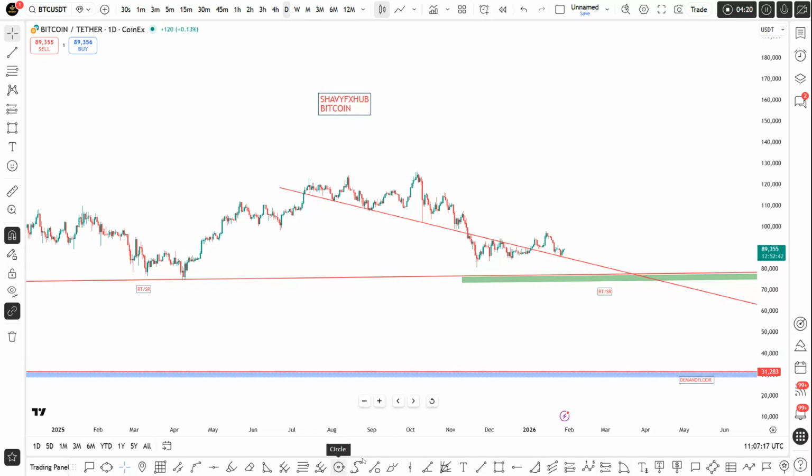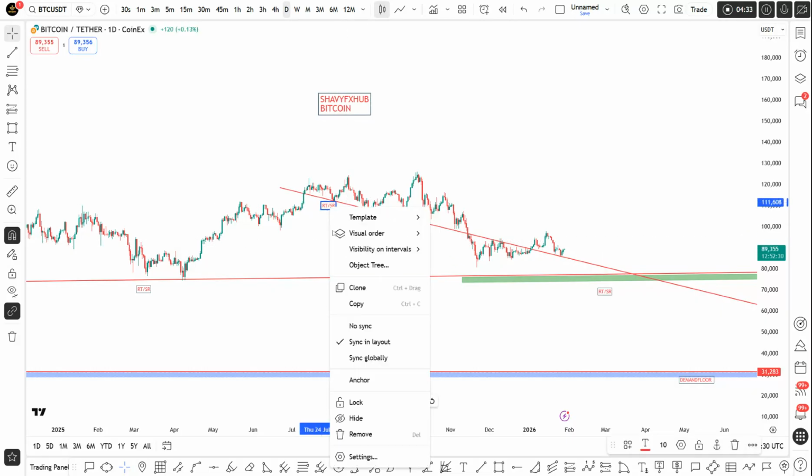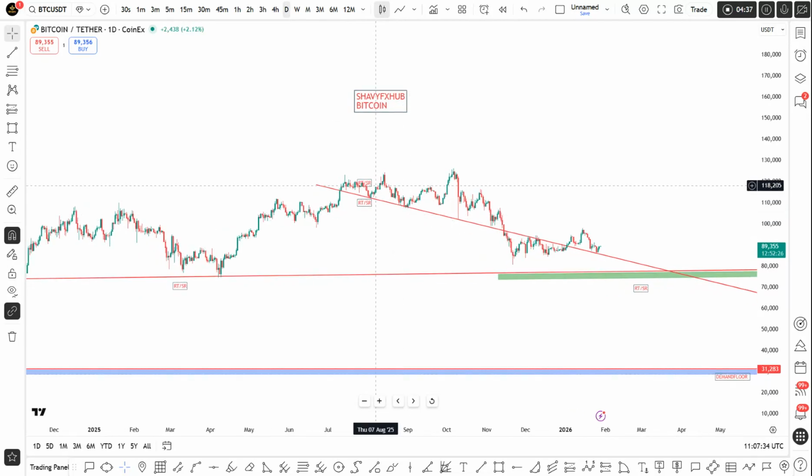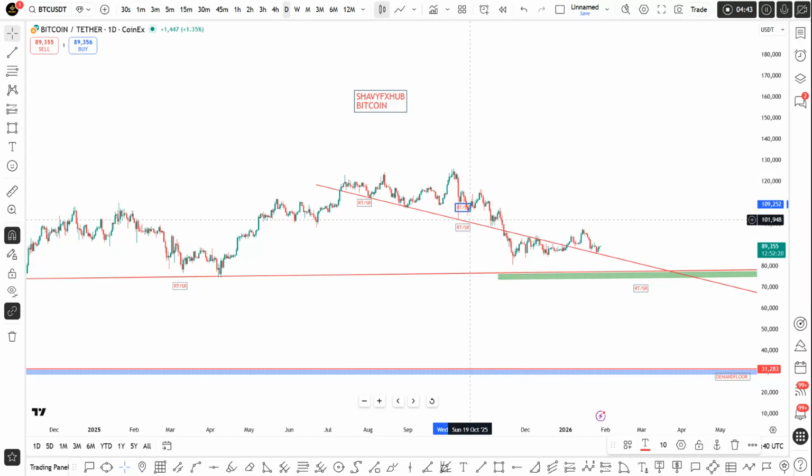Let me put it into context. That's RT slash SR1, support become resistance, a retest candle. Remember, these are all retest candles, and you have seen them keep retesting. We got it again: breakout of structure followed by a retest.